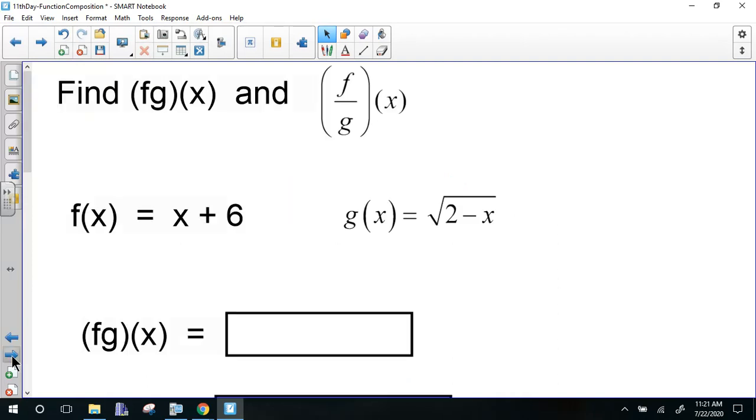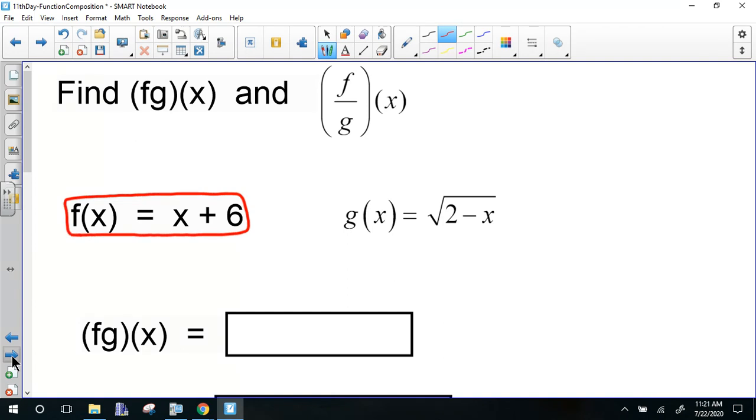All right, moving on. Here we want to find f times g of x and f divided by g of x. My functions are f of x is x plus 6 and g of x is square root of 2 minus x.